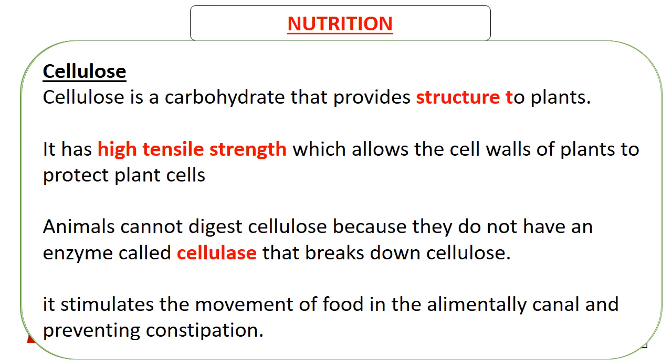It prevents constipation, and it helps in a process called peristalsis. Peristalsis is just the movement of food in the alimentary canal. We're going to take a look at it very well, but for now, just know that it stimulates the movement of food in the alimentary canal and prevents constipation.